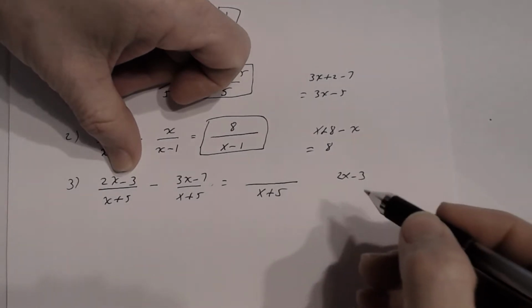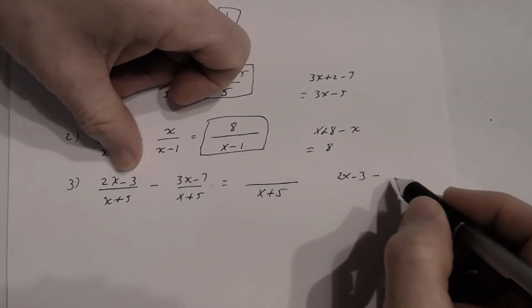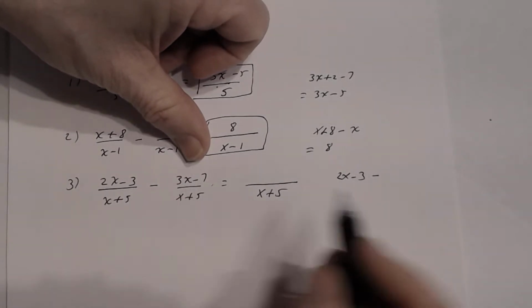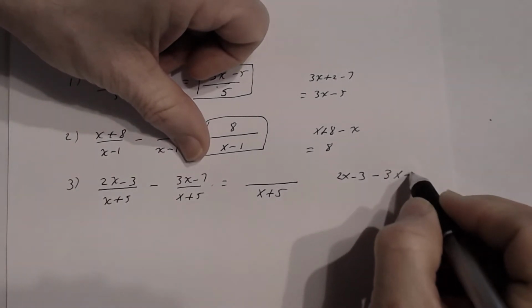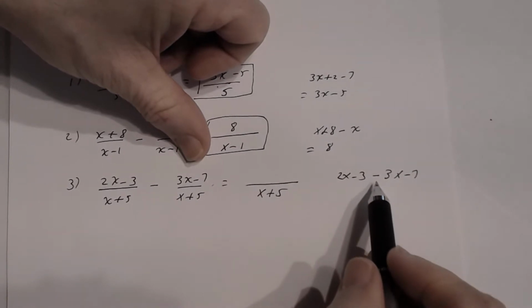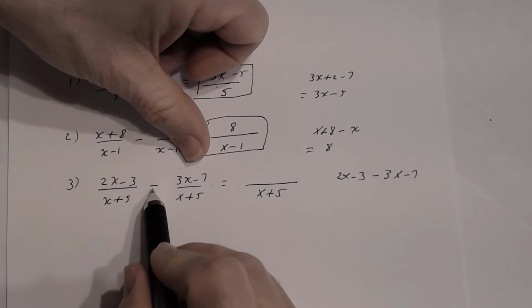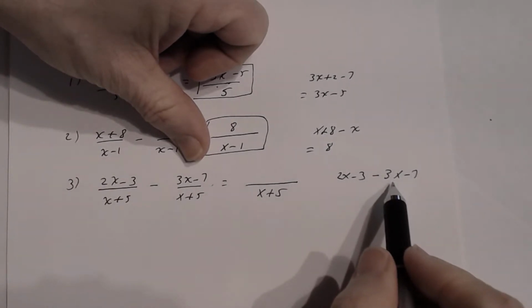You can physically write it. Minus, all right, now I am subtracting all of this. If all you wrote was this, then that means that I am subtracting just a 3x.